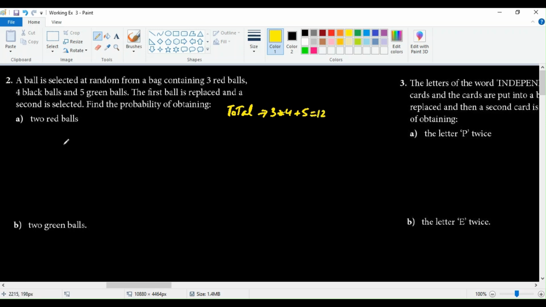For a red ball, the possibility is 3 over 12, that means 1 over 4. Now this is for the first one. Now we are talking about two red balls. Since they are independent, it's going to be 1 over 4 times 1 over 4. So finally your answer should be 1 over 16 for this question.